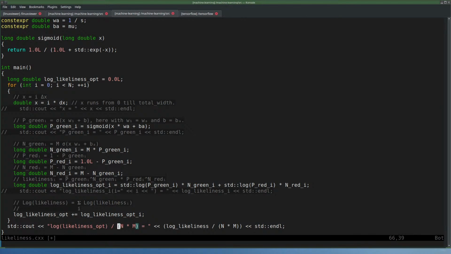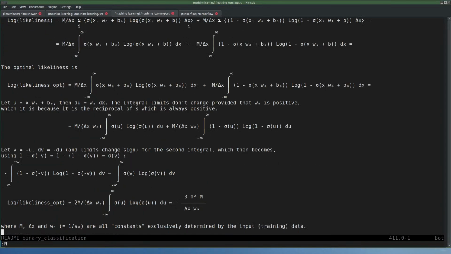And I'm dividing it here by n times m. But really what I should do is divide it by m. Multiplied with delta x. Maybe even multiplied with delta x WA.